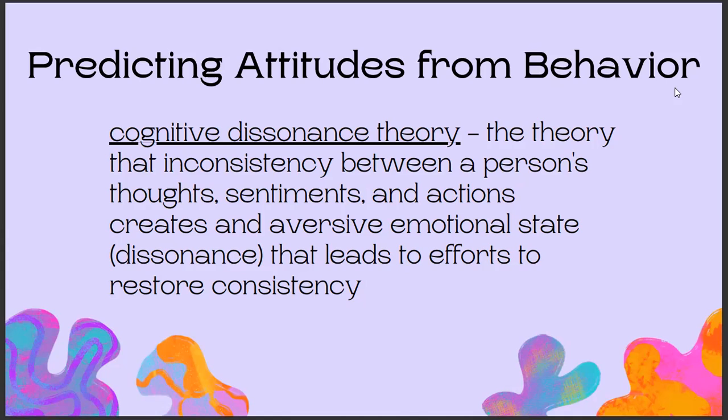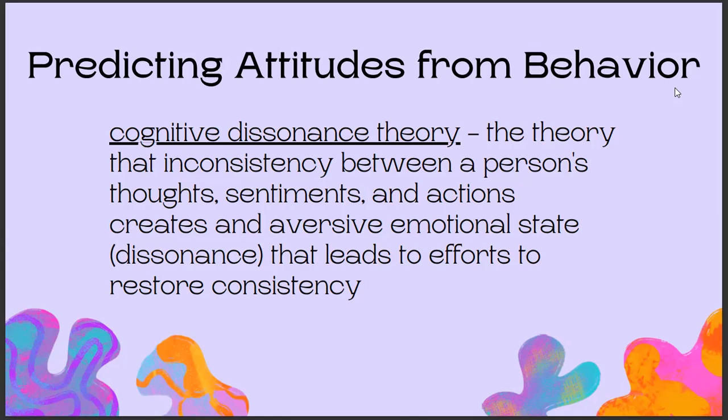This is the theory that inconsistency between a person's thoughts, sentiments, and actions creates an aversive emotional state, which is dissonance, that leads to efforts to restore consistency. So, dissonance, if you ever took any kind of vocal or band class, dissonant notes are notes that are side by side and they clash. And so it almost is uncomfortable to hear. It brings you discomfort.